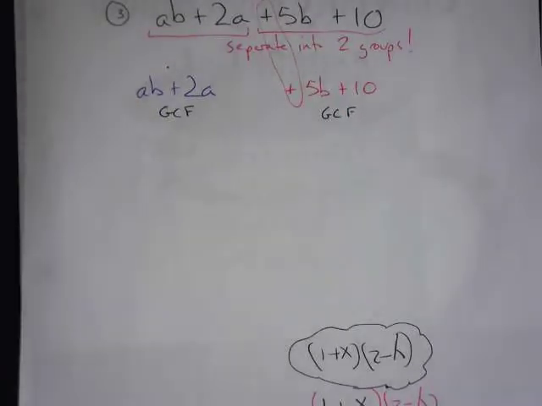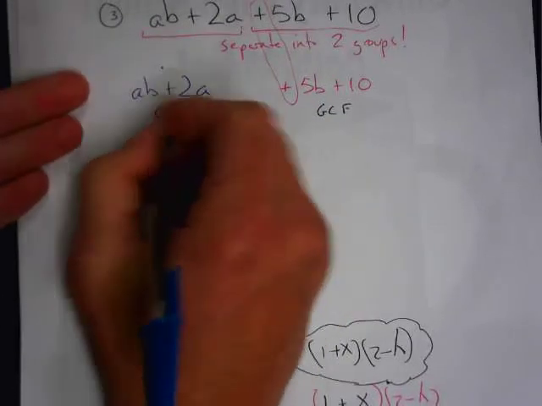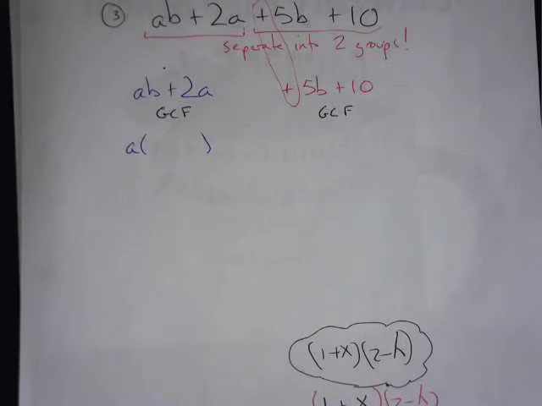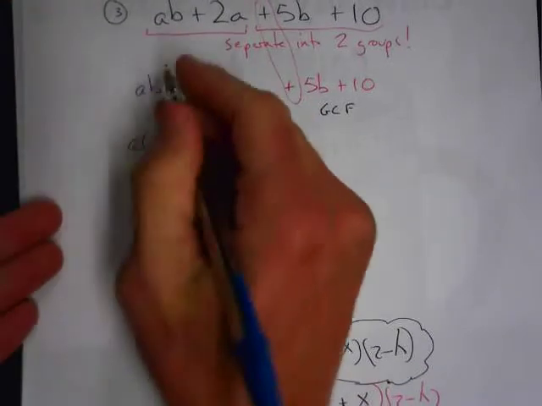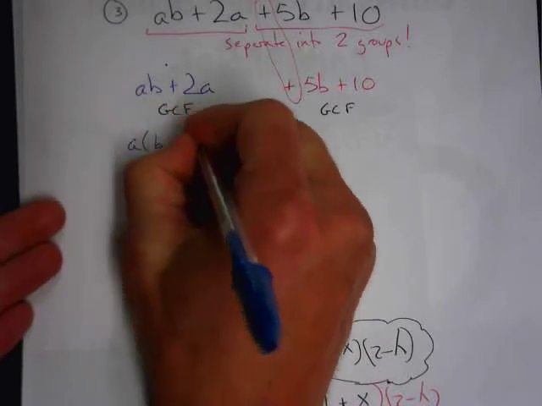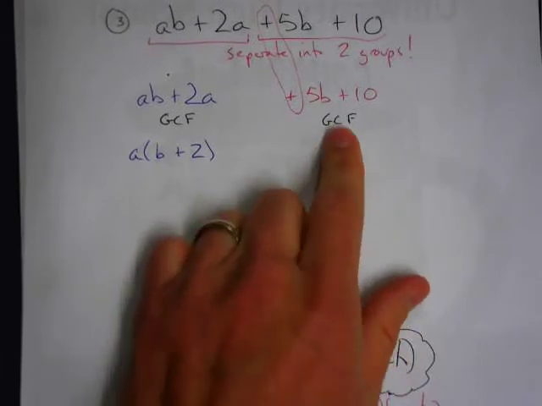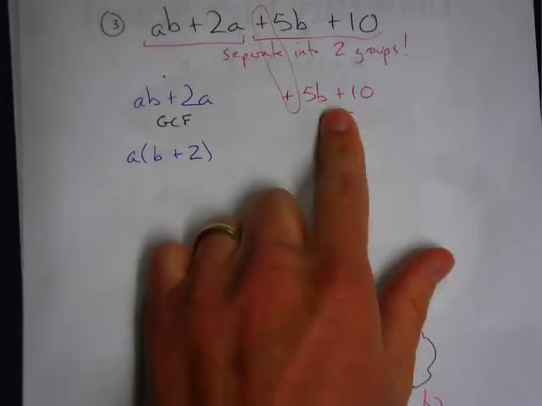In the first group, hopefully you notice that the greatest common factor is going to be a. When we divide out a from each term, we'll be left with b plus 2. Again, that's a refresher from the last lesson. Now we look at the second group, plus 5b plus 10.